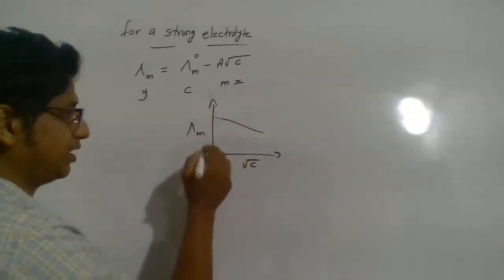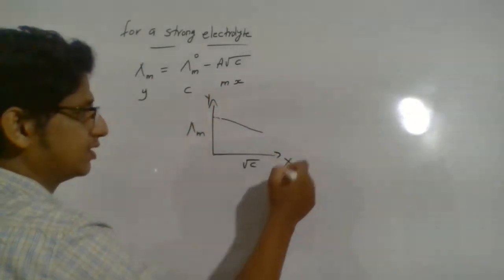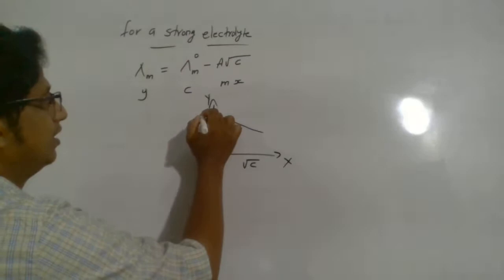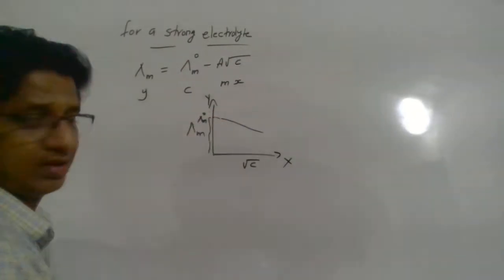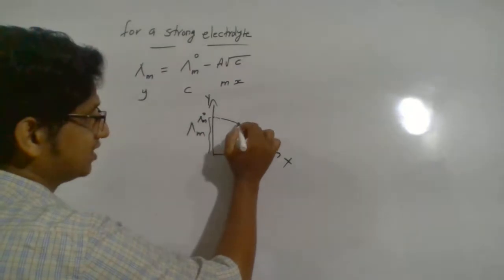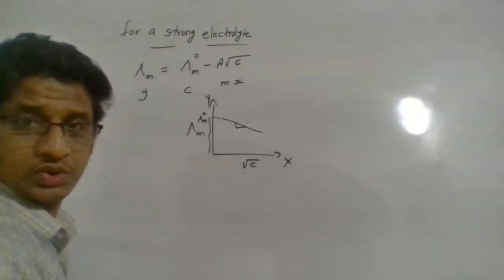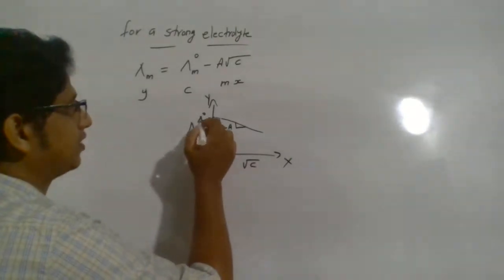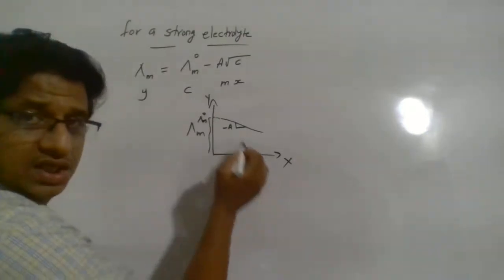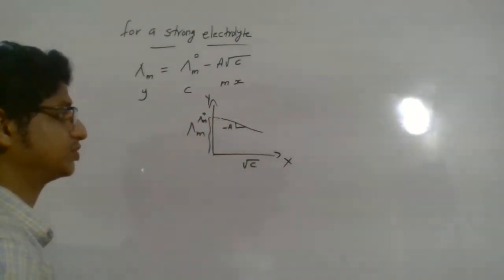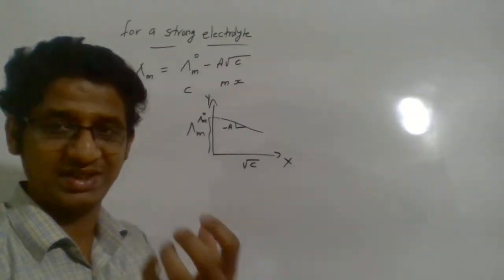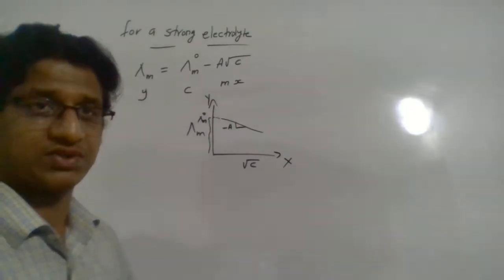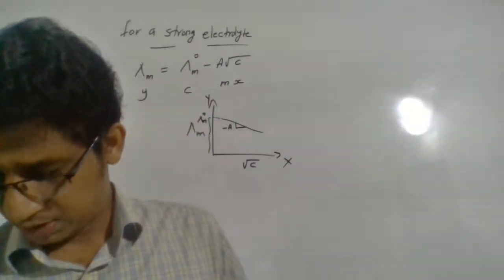If you extrapolate to the y-axis, you get a y-intercept that is nothing but lambda m0, and you get a slope equal to minus A. So from the slope value, you get the value of A, which depends on the nature of the electrolyte. This is the point you can remember related to the strong electrolyte.